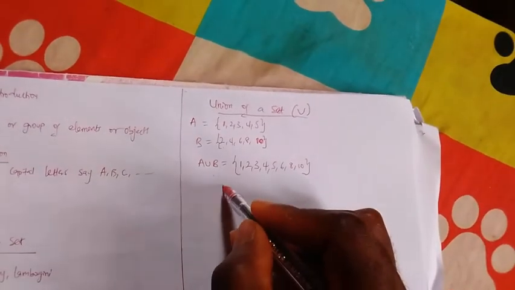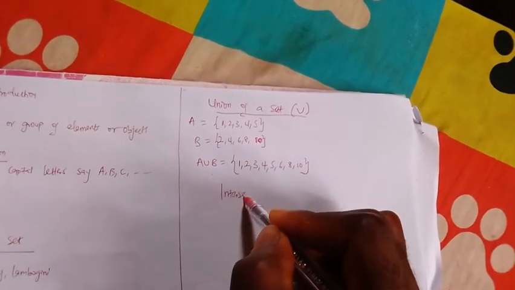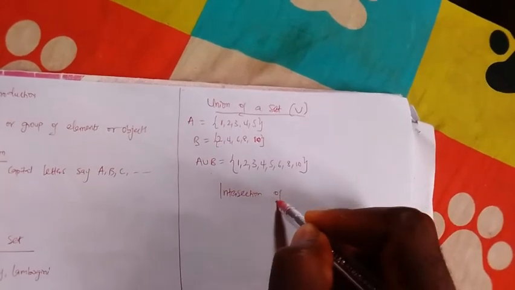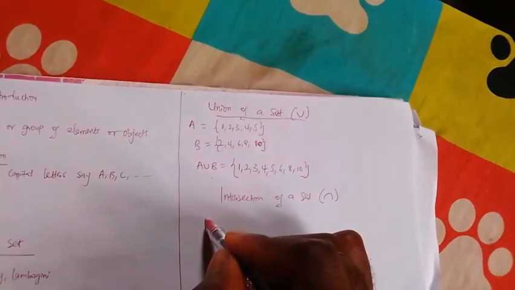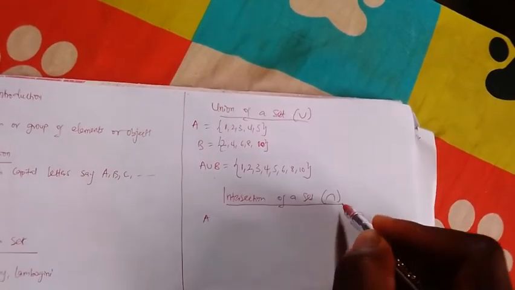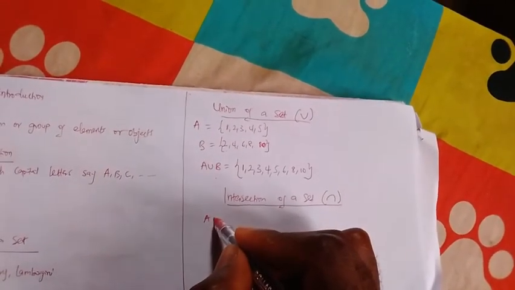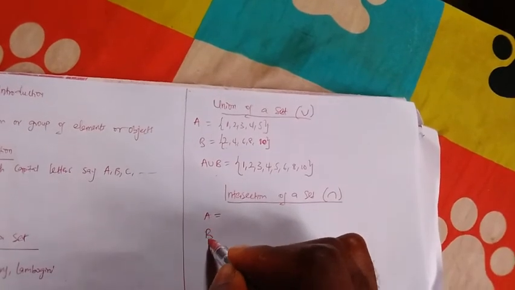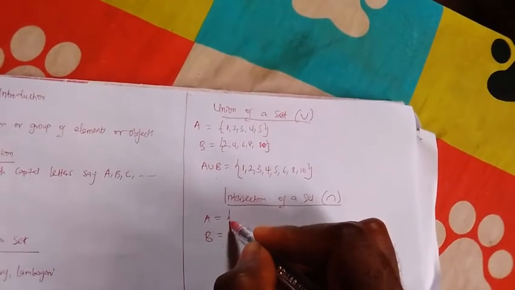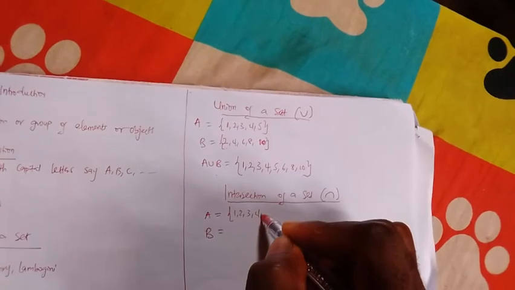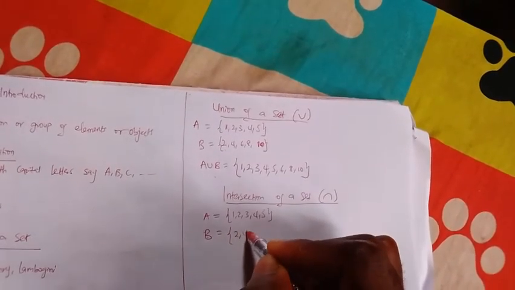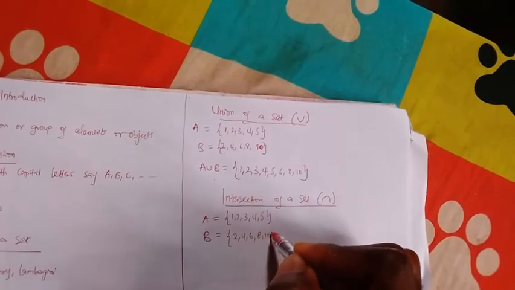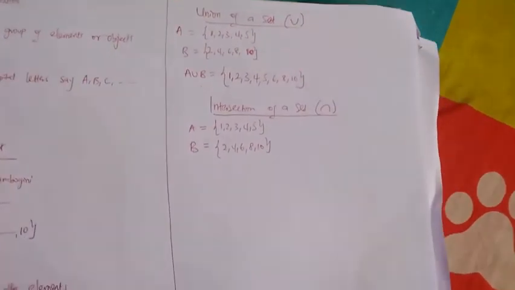Now for the intersection of a set, it is noted as this. It means picking common terms from A and B. So let's say my A is 1, 2, 3, 4, 5, and my B is 2, 4, 6, 8, 10 in this case.